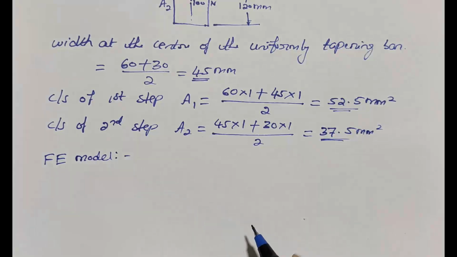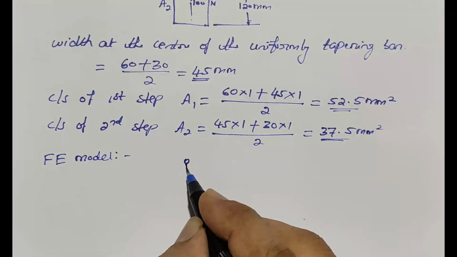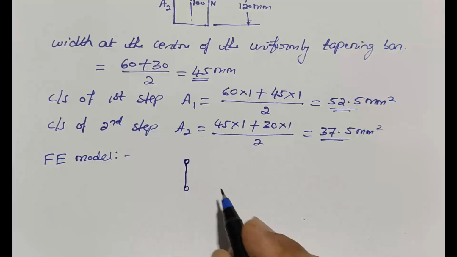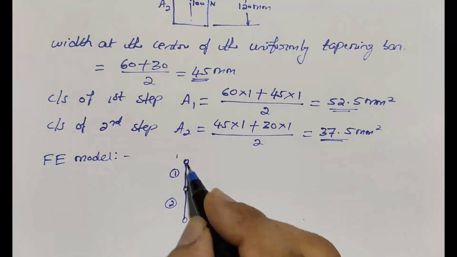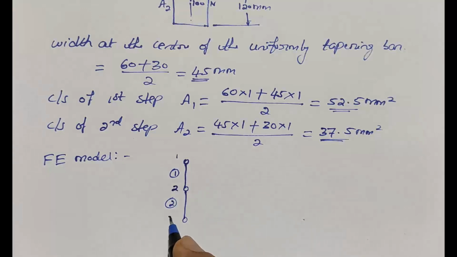Here you have to use two 1D bar elements. This is element number 1. This is element number 2. Node numbering 1, 2, 3.